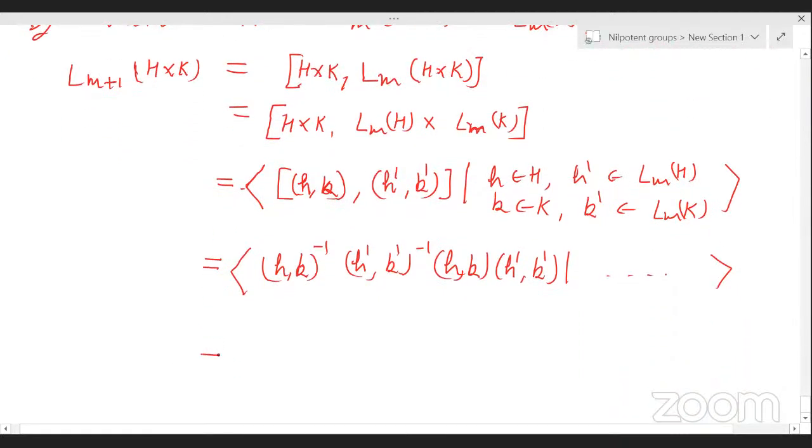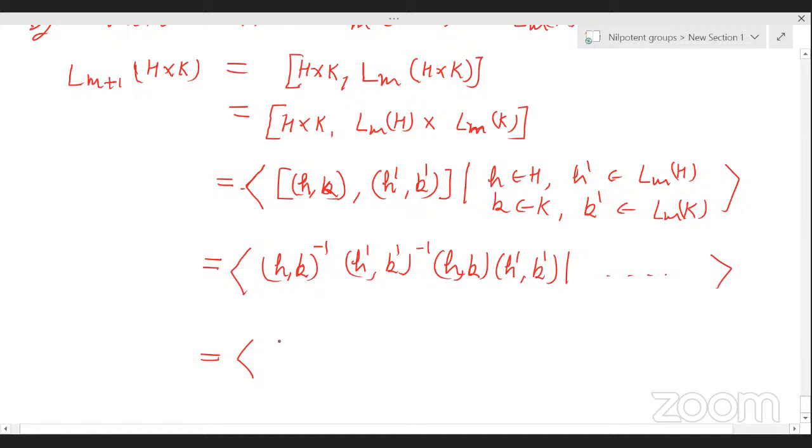And now apply the definition. Because it is a direct product, the inverse can be taken on each of the components, and then the product is also component-wise multiplication.